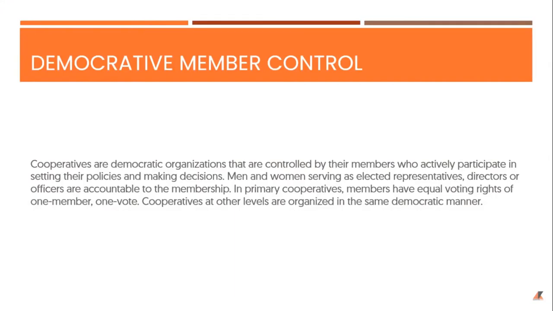Especially kapag pinag-uusapan natin ay isang stock corporation wherein nakadepende yung pwede mong iboto sa number of stocks na meron ka. Pero dito, walang ganun. Dahil 1:1 ang voting dito. Ibig sabihin, kung isa kang member, meron kang isang boto for each position. So, gaya rin siya ng non-stock corporation wherein members yung mga tawag sa miyembro nito. Or kasapi dito sa kooperatiba or cooperatives na ito.